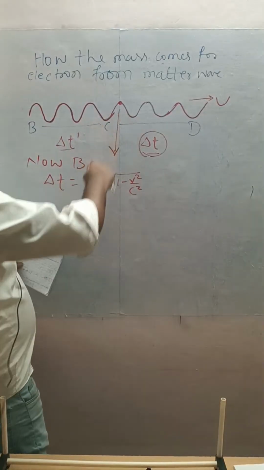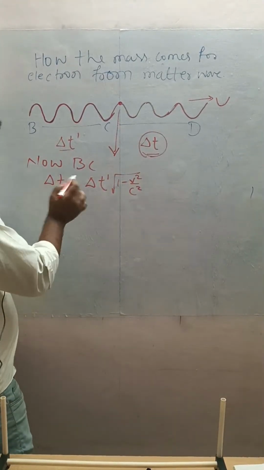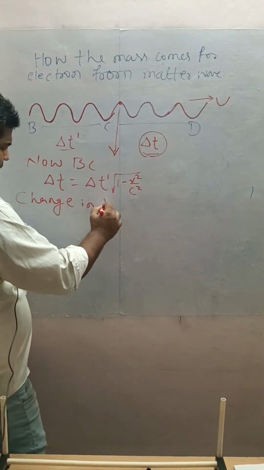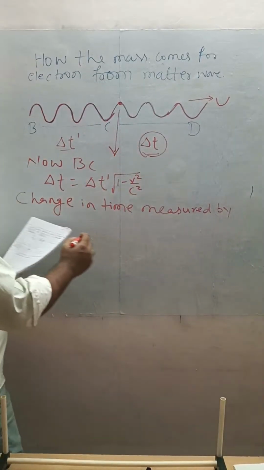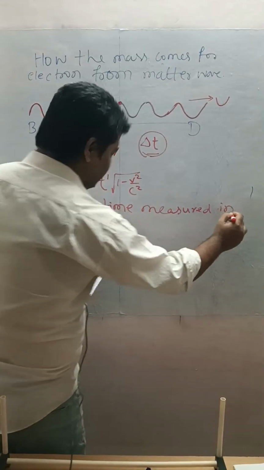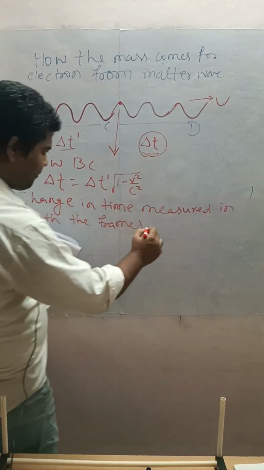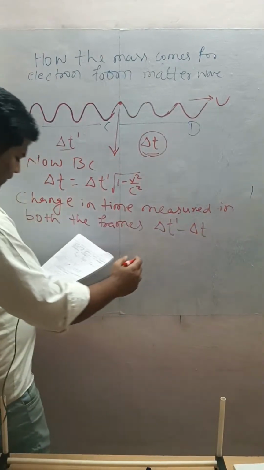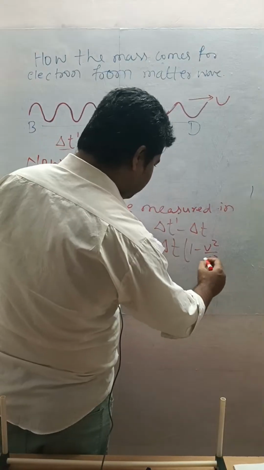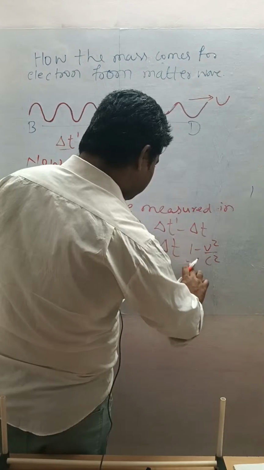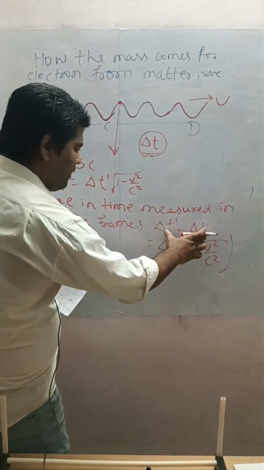As these two segments from the same matter wave are behaving as two different observers, the change in time measured in both the frames is del t dash minus del t, and taking del t common, the value of this difference is this.